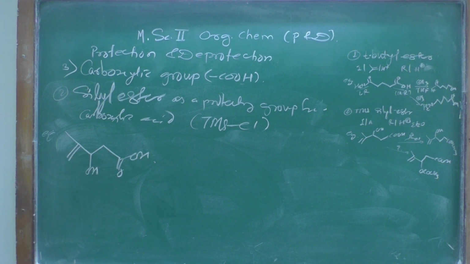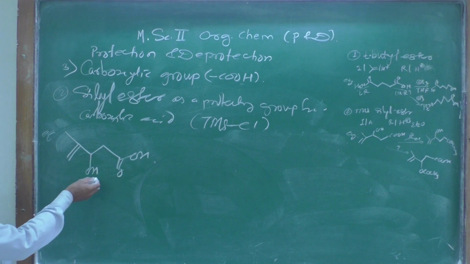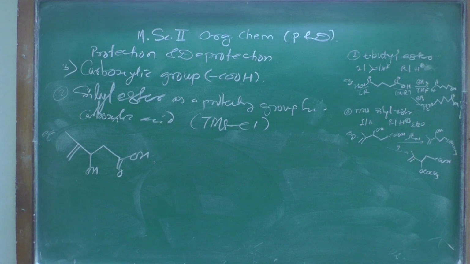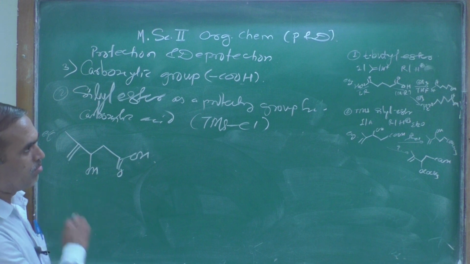If you observe this structure carefully, what do you see? How many functional groups are here? Look here: an OH functional group, a carboxylic acid functional group, as well as a carbon-carbon double bond. There are three functional groups present.